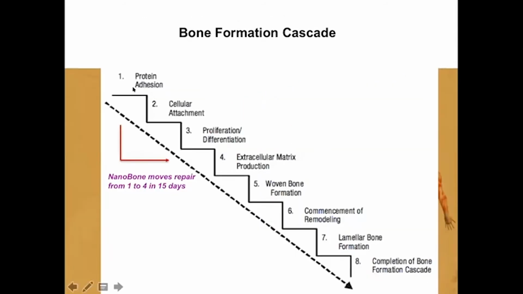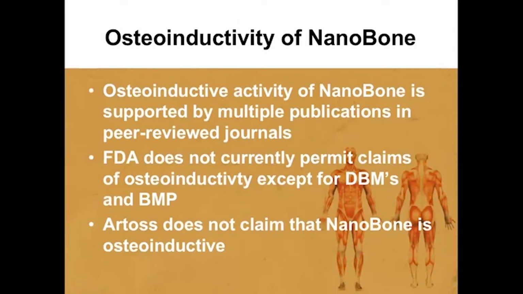This bone formation cascade, as we know it, typically would take anywhere from 4 to 8 weeks, sometimes longer, depending on the host. The key thing in this repair, and why we think it allows the healing process to occur so much more quickly, is you're moving this repair from 1 to 4 in 15 days as compared to this production of the ECM, which would typically take anywhere from 4 to 8 weeks, so much, much quicker.